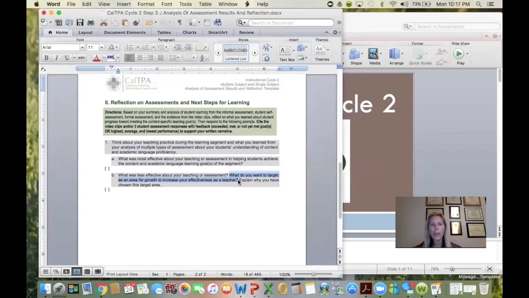Those are things that could happen in any lesson. You want to talk more specifically about this lesson related to literacy content, okay? And how you're thinking about how you're teaching literacy and constantly being aware of what you can change and what you can improve upon when you're teaching. So what do you want your target area for growth to be? And explain why you have chosen this target area.